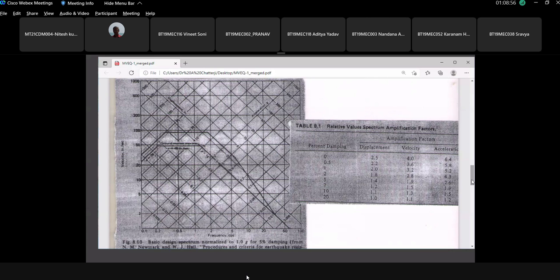Sir, the limit of 33 hertz maximum frequency. No, let me tell you, fatigue has no meaning in earthquake. Sir, actually I have another doubt. You said if we can have a natural frequency greater than 33 hertz, then there is a less possibility of getting affected. Correct. Whatever design has a higher natural frequency will be a safer design.